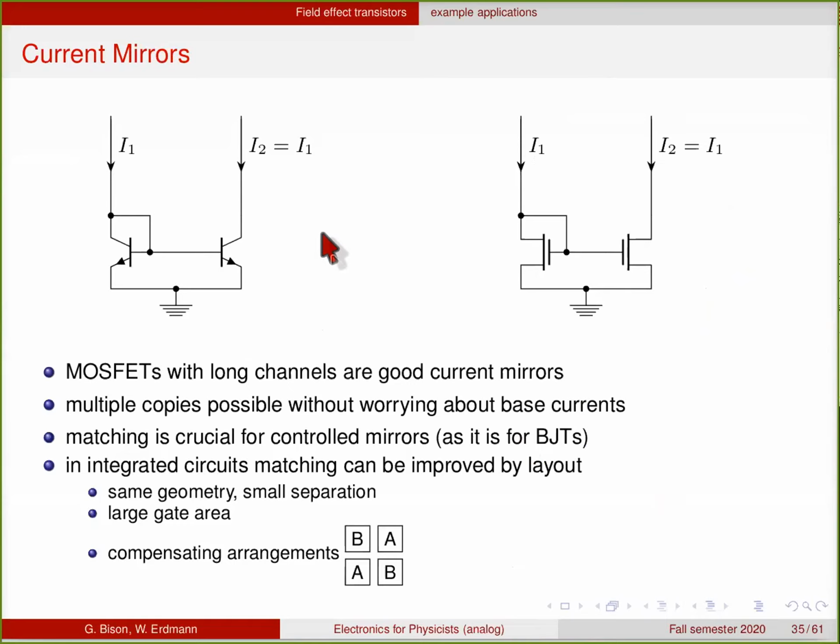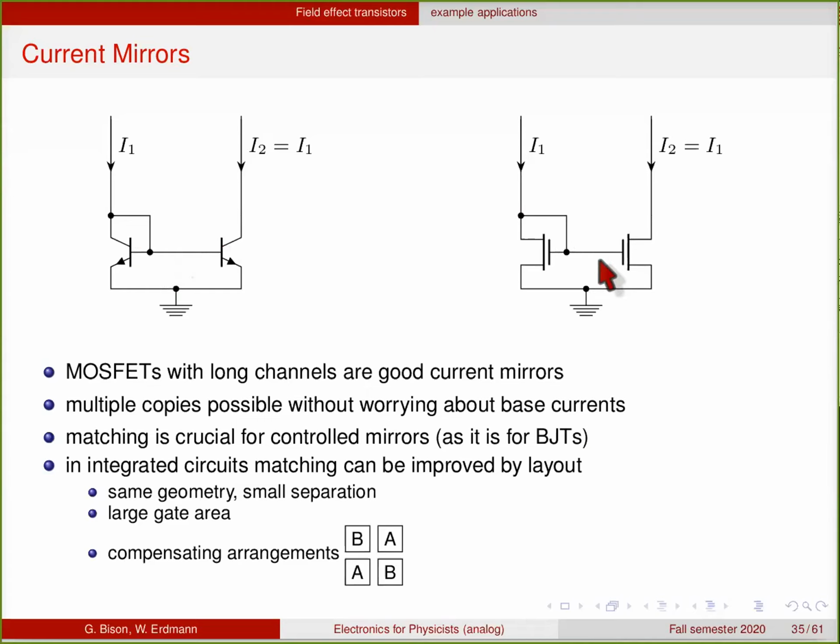The other thing that you can also do, maybe surprising at first because there's no gate current here, but you can use them very well as current mirrors, because the base current is just a nuisance for the bipolar transistor. The principle is the same.